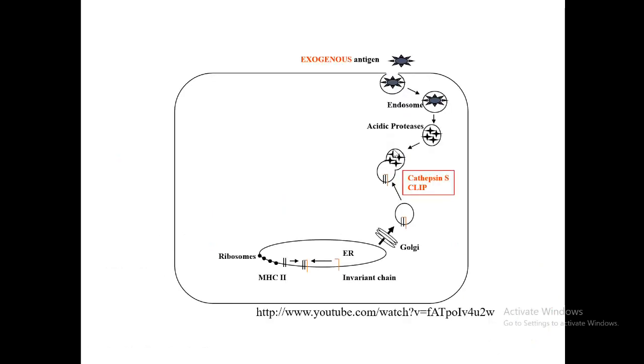And then when it progresses to the MHC2 loading compartment, HLA-DM will facilitate the removal of CLIP and the addition of the epitope or antigen. And that epitope or antigen will then make its way to the surface and be presented to a CD4 helper T cell.